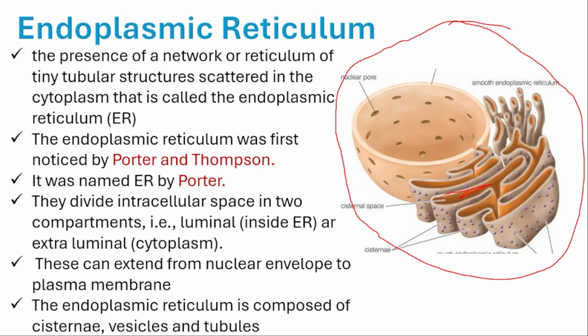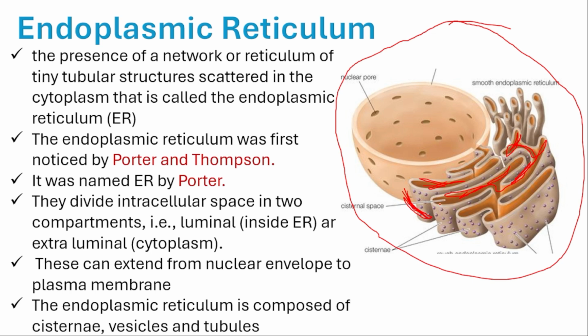The inside lumen, the brownish part inside the ER, is called luminal. What is outside, in the cytoplasm, is said to be extraluminal. This is intraluminal and this one is extraluminal.